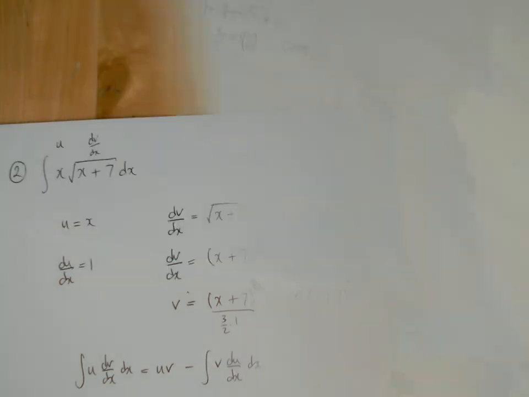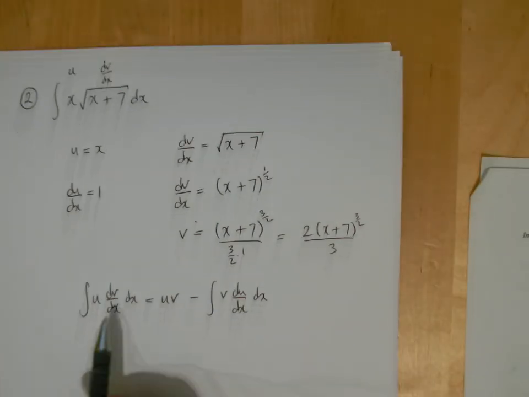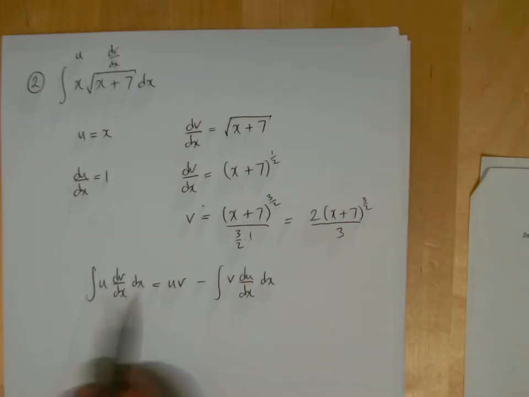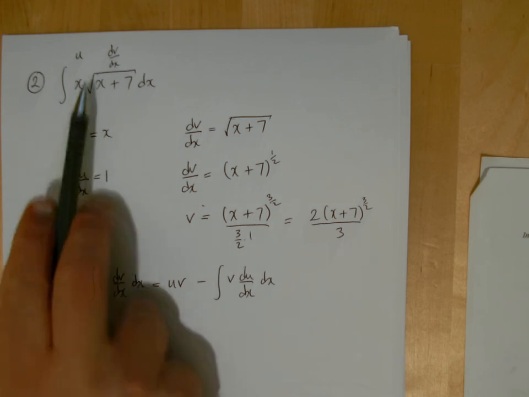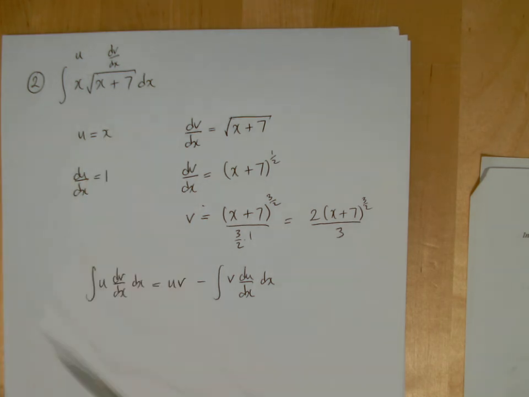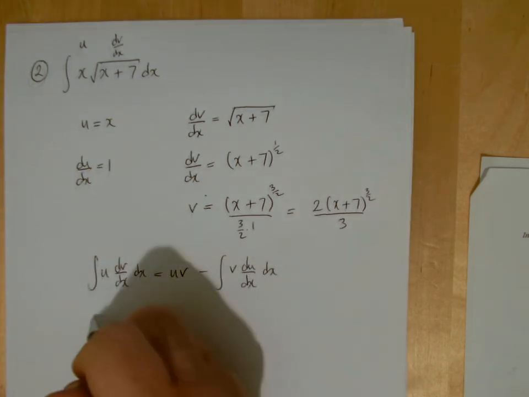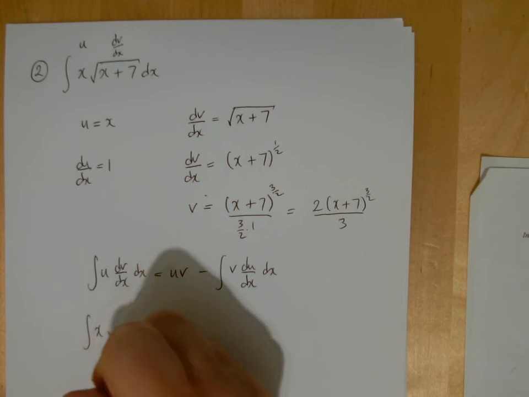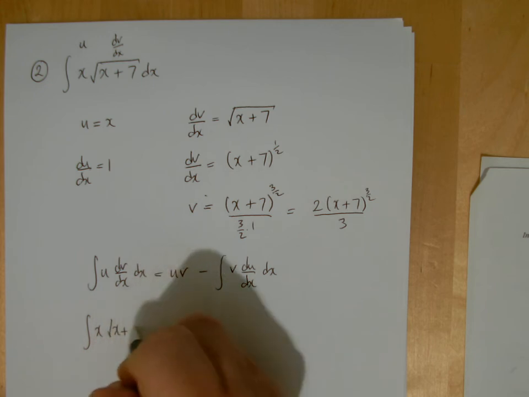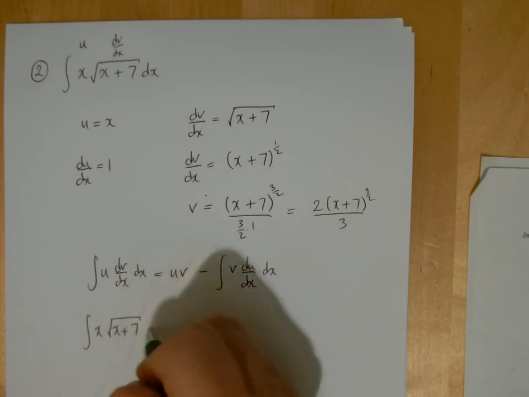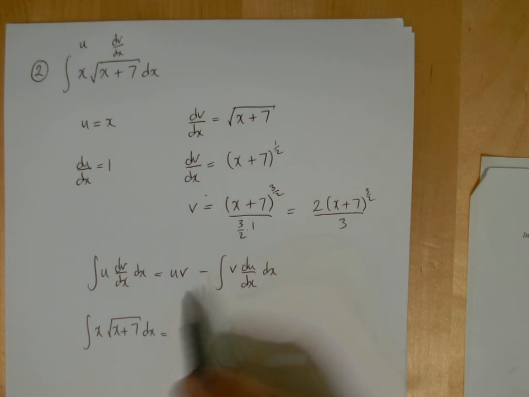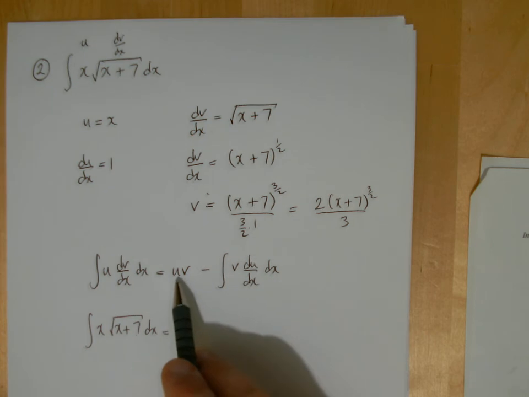Okay, right, so remember then, this is representing my question, because there's my u, there's my dv dx. So I'm going to just write my question down to represent my u and my dv dx with respect to x, and then I'm going to follow this formula as it asks me to.